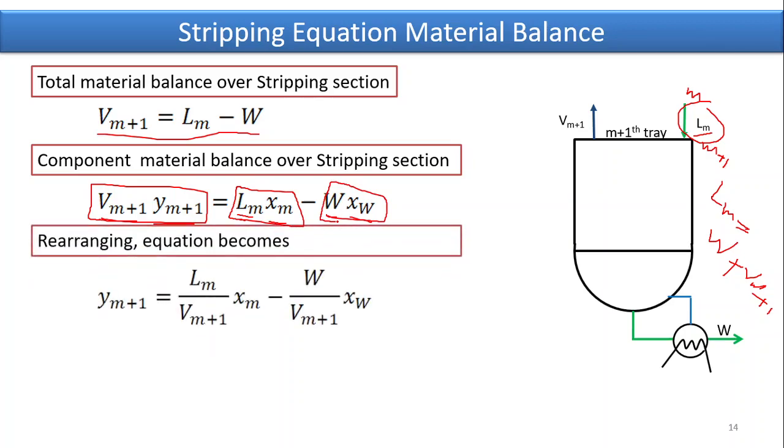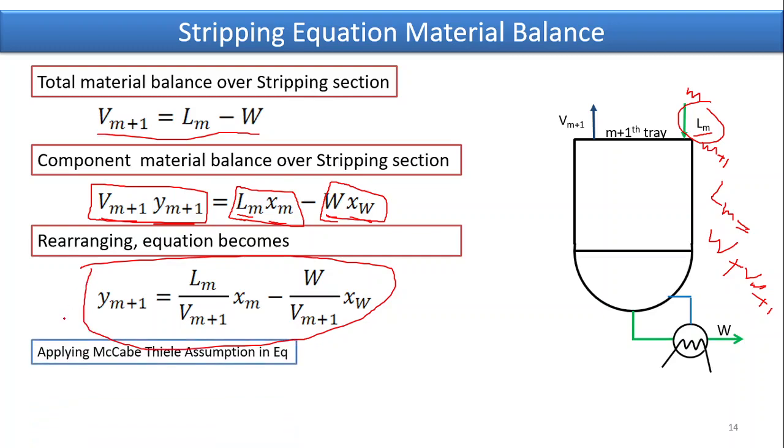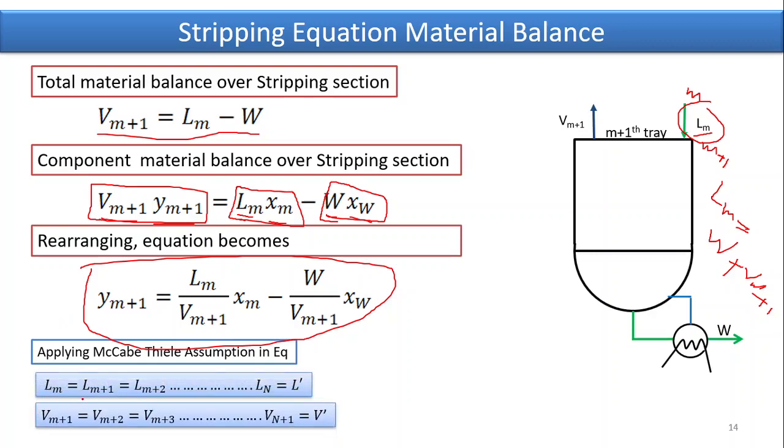Now rearrange it again, divide by Vm plus 1, and you can get this equation. Very simple. Now again apply the McCabe-Thiele assumptions. So we get Lm is equal to Lm plus 1 is equal to Lm plus 2 and so on, and that is finally L dash, to differentiate from the enriching section.